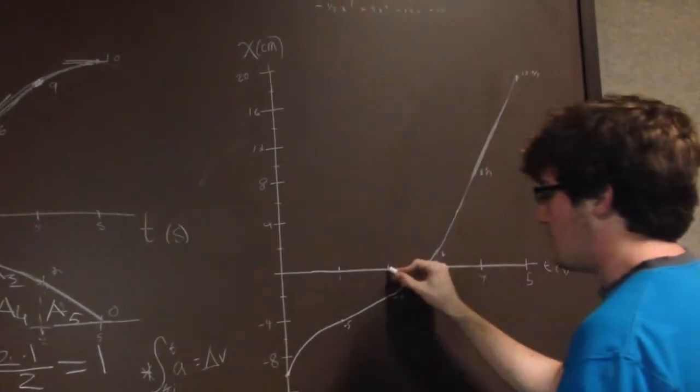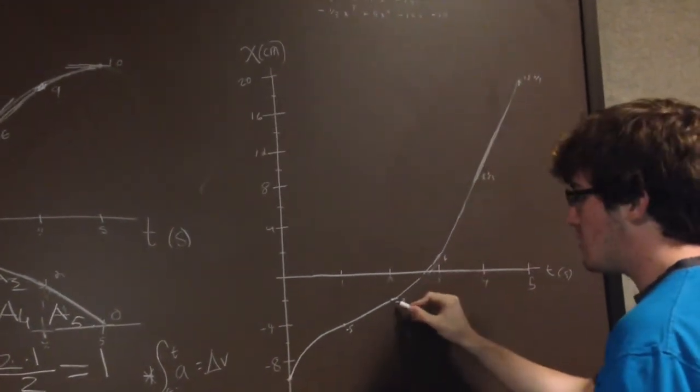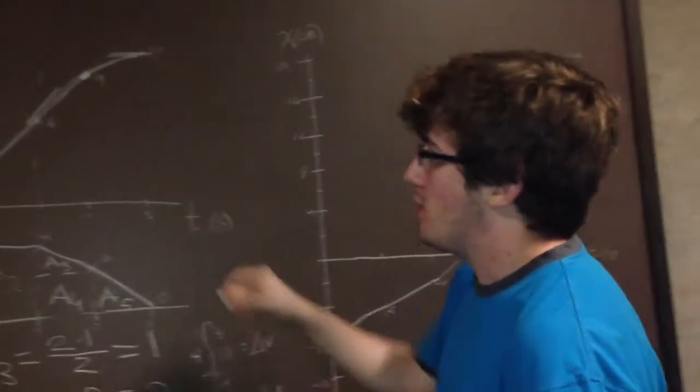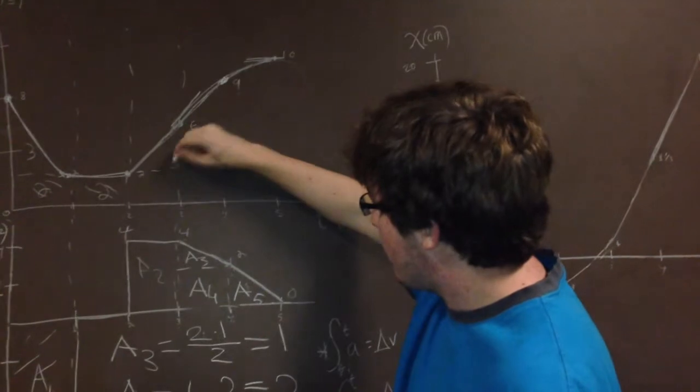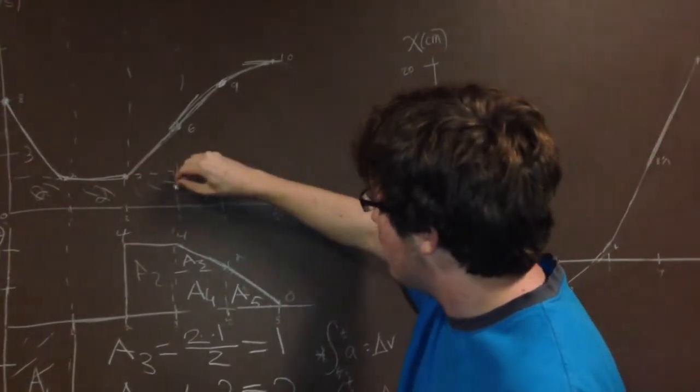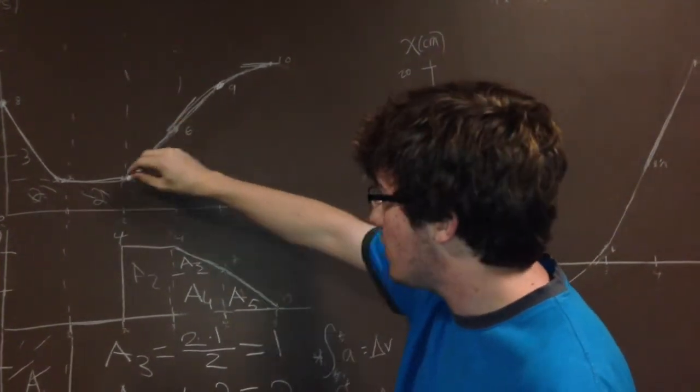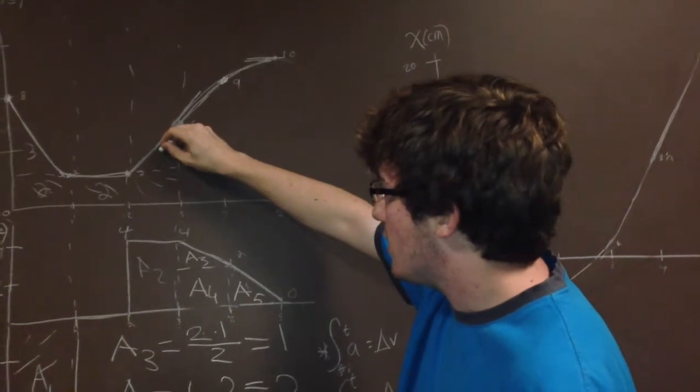And then, from 2 seconds to 3 seconds, it increases by 4. Similar to from 0 to 1 seconds, we have our triangle plus our rectangle. So the triangle has height of 2, width of 1, so its area is 1.